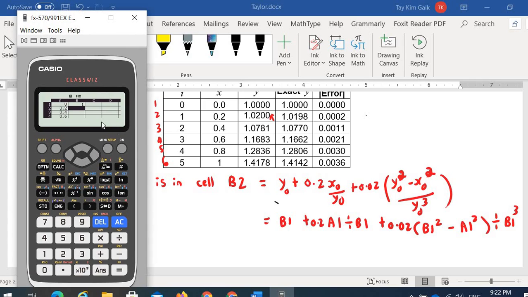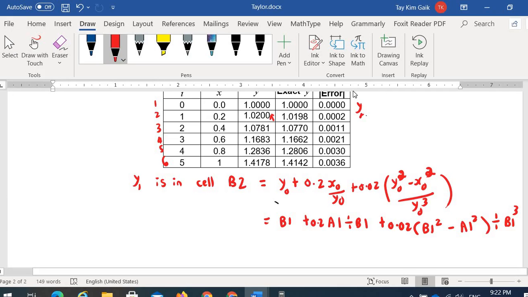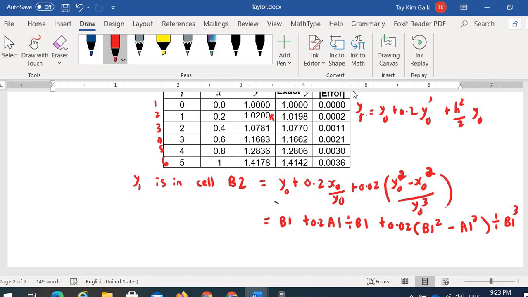To calculate Y1, Y1 depends on Y0. Y0 is stored in B1, so B1 plus h, which is 0.2, times the first derivative. This means Y1 is Y0 plus 0.2 Y0 prime plus h squared over 2 Y0 double prime.